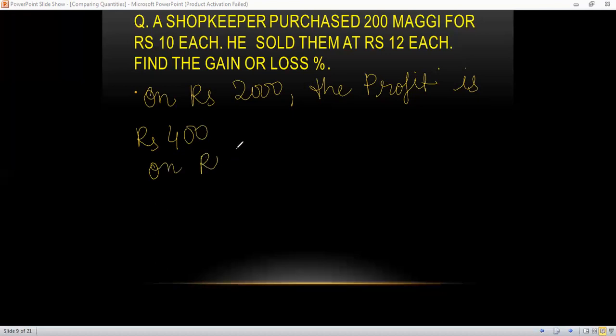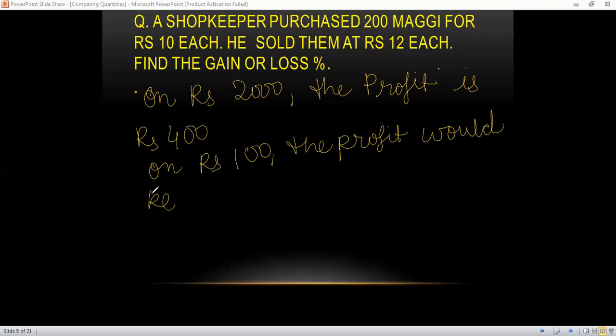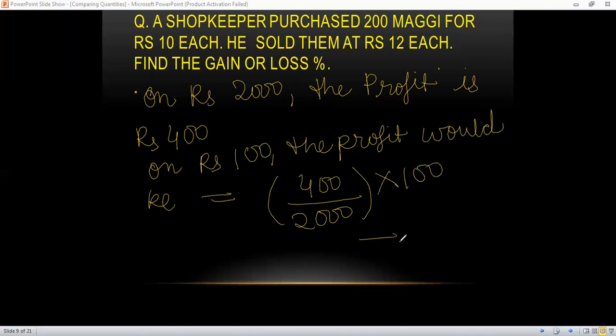On rupees 100, the profit would be 400 upon 2000 into 100. So we get the profit percentage, that is 20%.